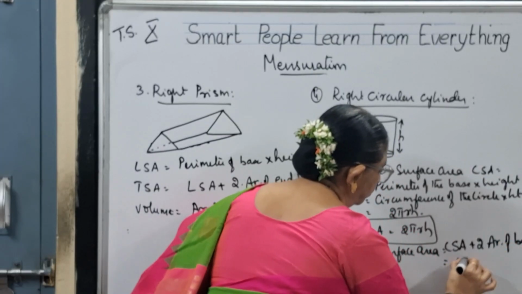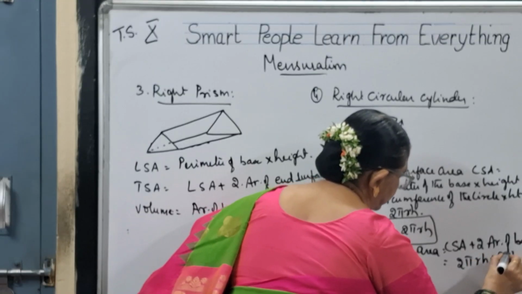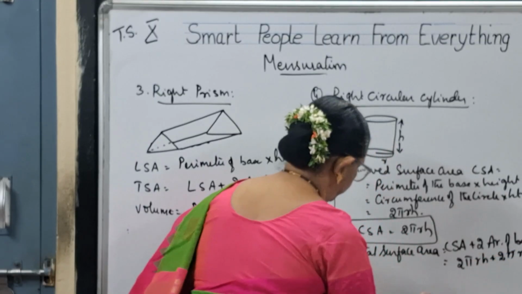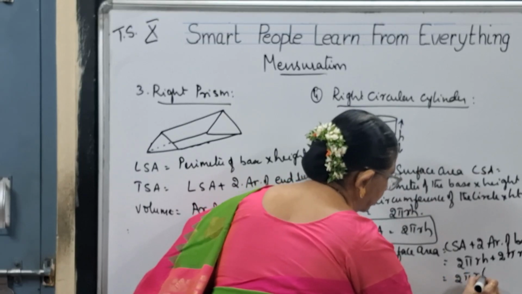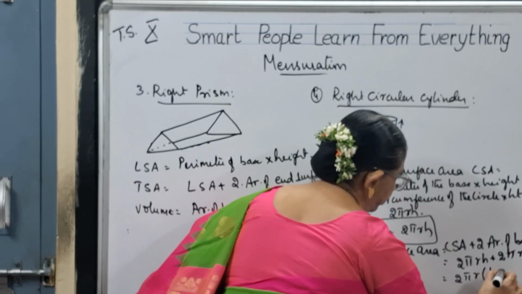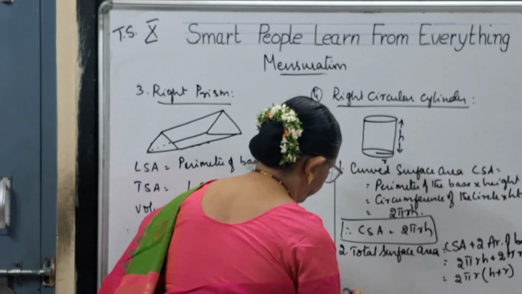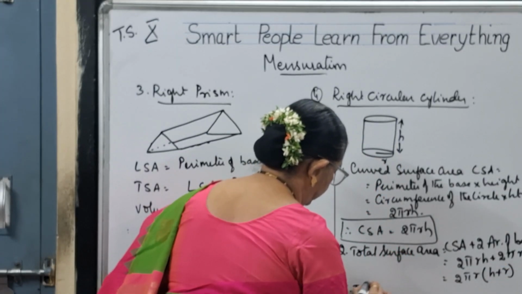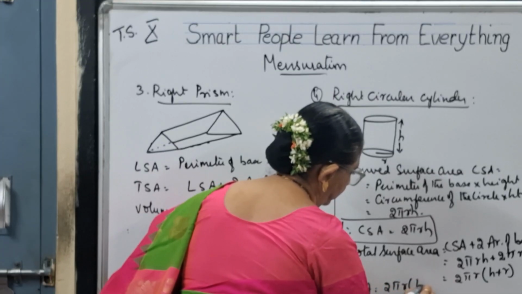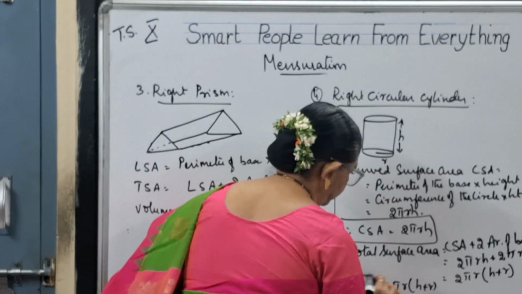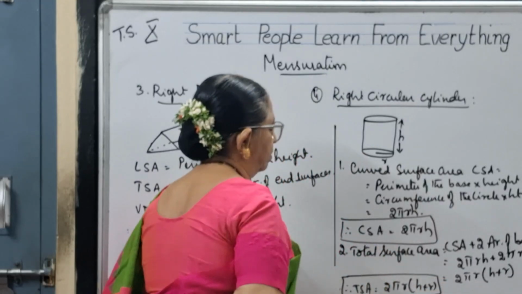CSA is 2 pi r h plus 2 into the area of the circle, pi r square. Here you can take 2 pi r as common, h plus r. Therefore, TSA is equal to 2 pi r into (h plus r). This is the formula for TSA.